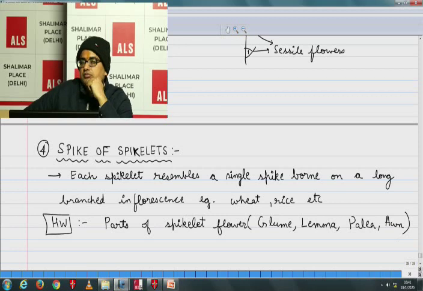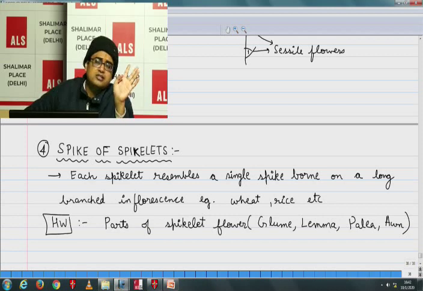Find it out, because I want to give you this diagram, but I want you to find it out. You can simply search for wheat inflorescence, and you can find some images there in which you can see glume, lemma, palea. Why I'm telling you this, because you can get a very short question, 1 mark question regarding what is glume.